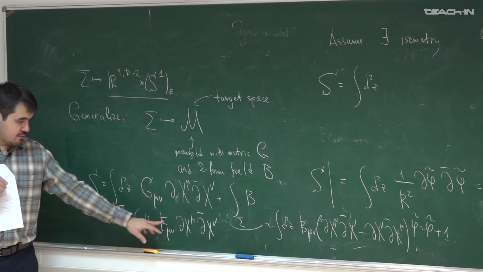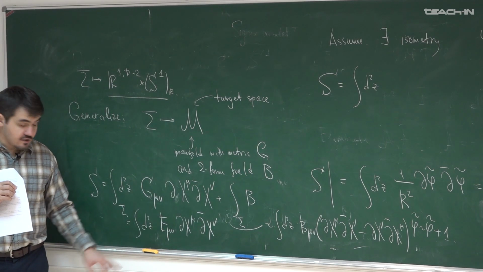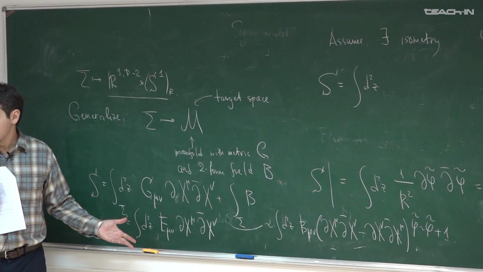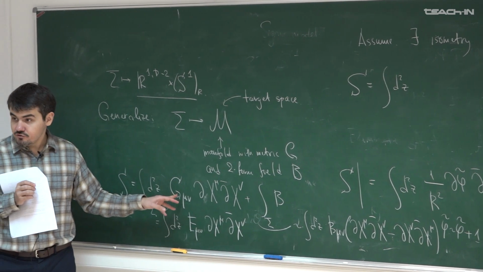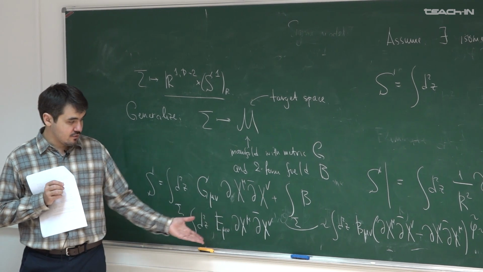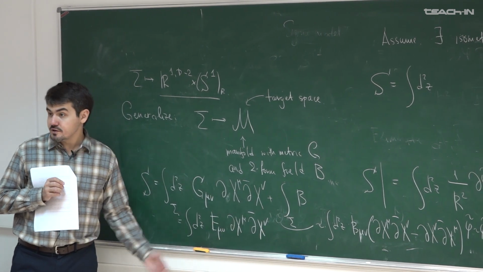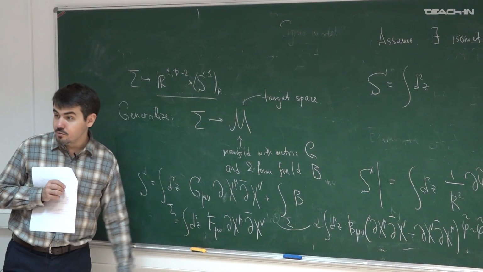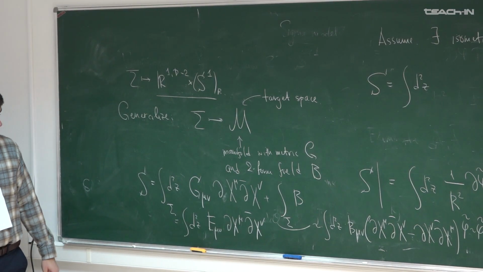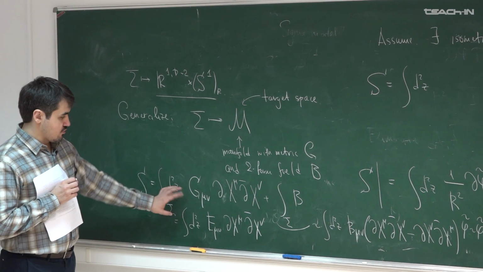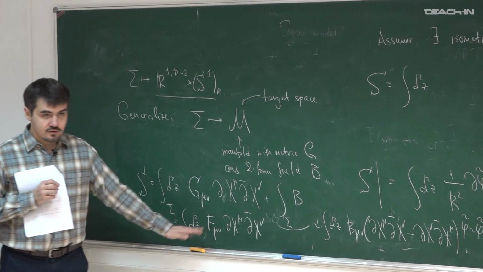So this is just some tensor without symmetry properties, right? Its symmetric part is G, its anti-symmetric part is B. So we're just writing the most general quadratic form in these ∂X^μ, ∂̄X^ν variables. So you can either split it into G and B or just consider an action of this form.